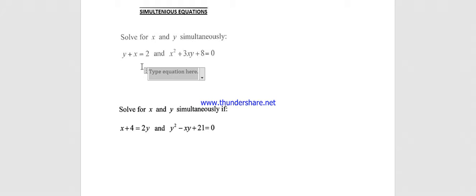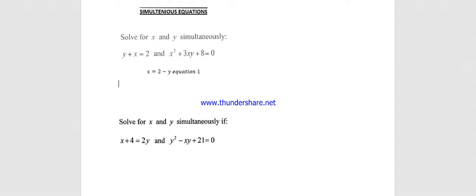Here I am choosing to make x the subject of the formula, so I will take y across the equal sign. So x equals 2 minus y, and I am calling this equation 1, right? Now I have my first equation.